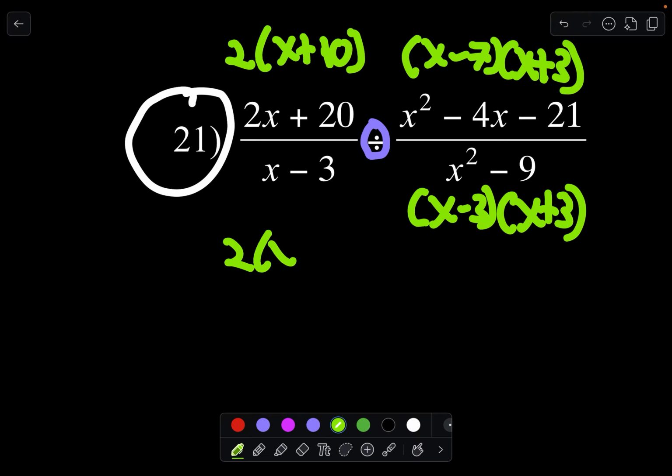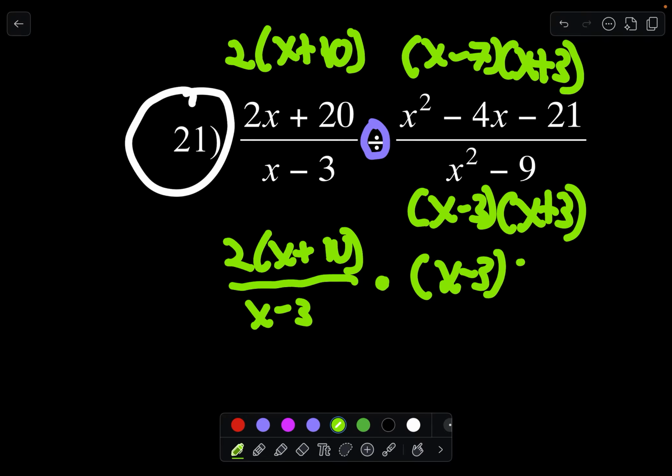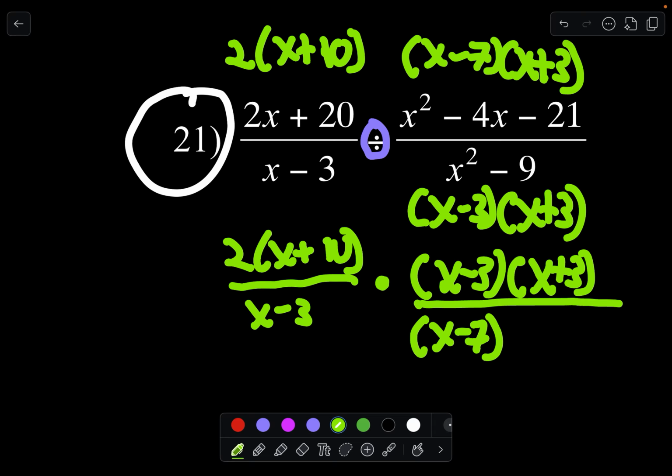We got 2x plus 10 over x minus 3 times, now this gets flipped upside down right here. So I'll just write it out as x minus 3, x plus 3 on top, and on bottom is x minus 7 and x plus 3.